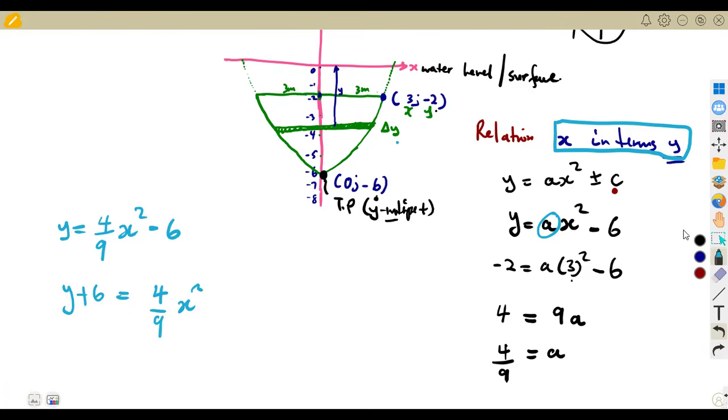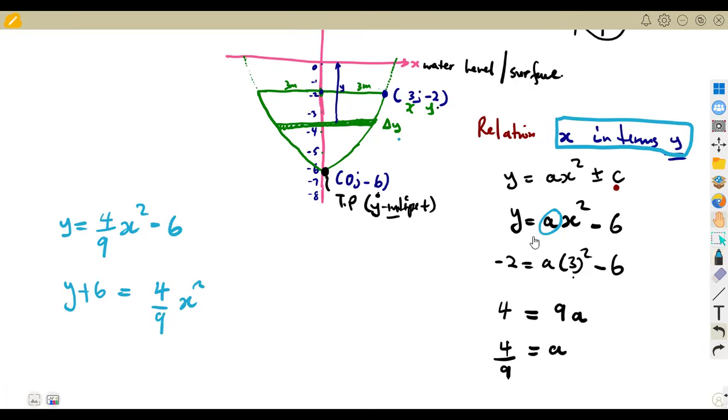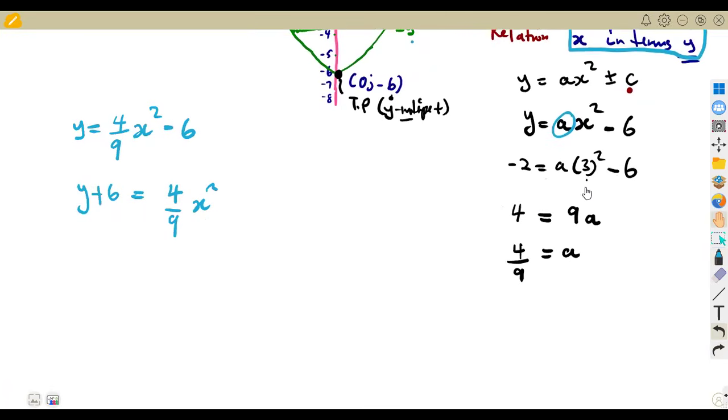So since I want the value of x there, what am I going to do? I can cross multiply, which is fine. You can just cross multiply by this, or just divide, which is going to be easier.